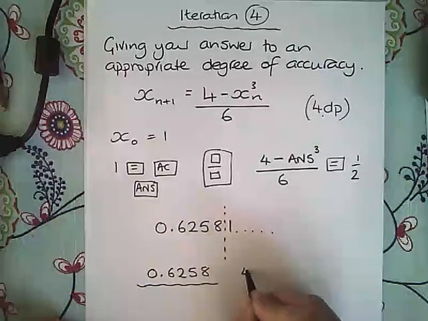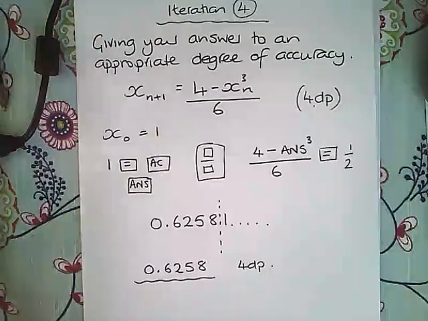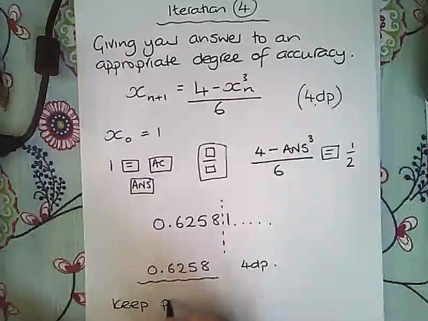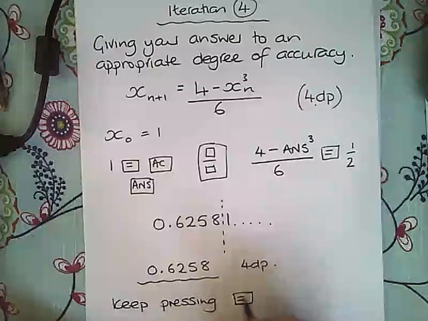So when you're asked to give your answer to a specific degree of accuracy or a number of decimal places, you just have to keep pressing the equal sign until the number on your calculator display doesn't change anymore, and then you can round it appropriately. Okay, so keep pressing the equal sign. Hope that helps.